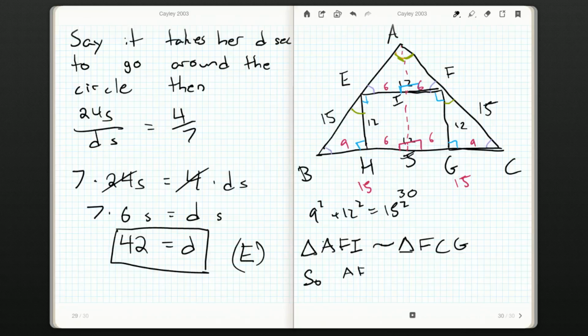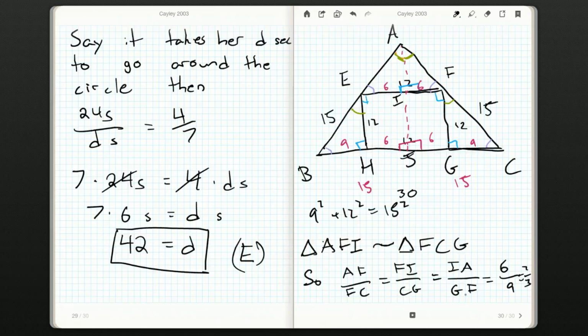So since they're similar triangles, that means the similar sides have similar ratios. So FI over CG is equal to IA over GF. Now, FI is 6, and CG is 9. So we get a ratio here of 2 over 3.